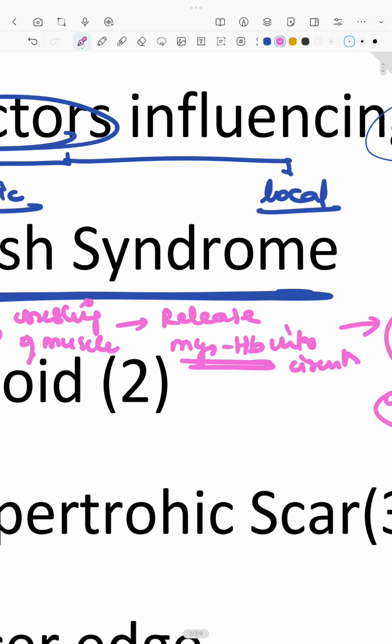So this is the overall pathology that happens in crush syndrome.